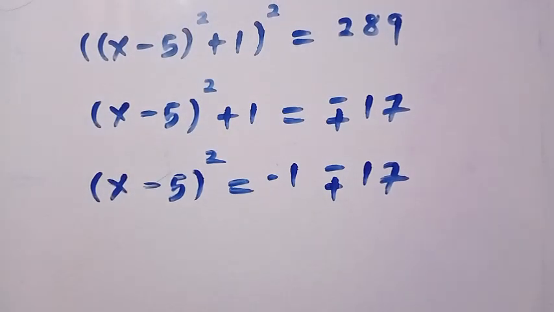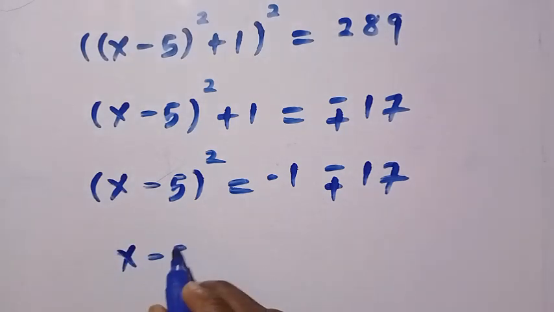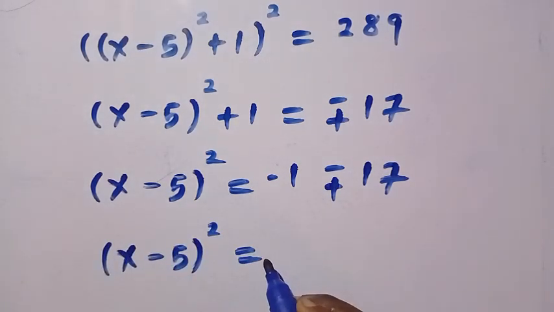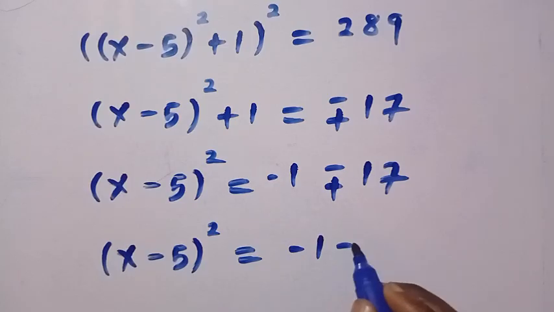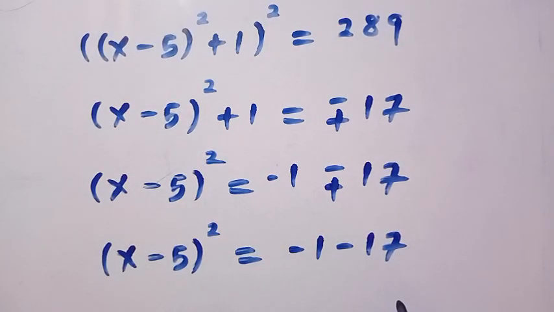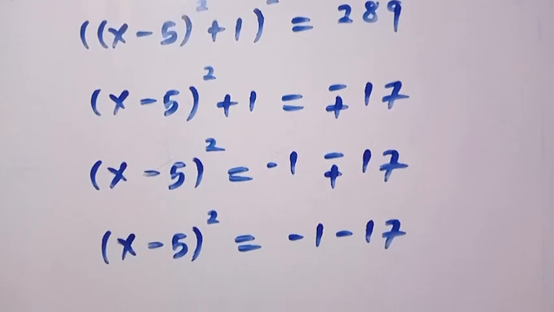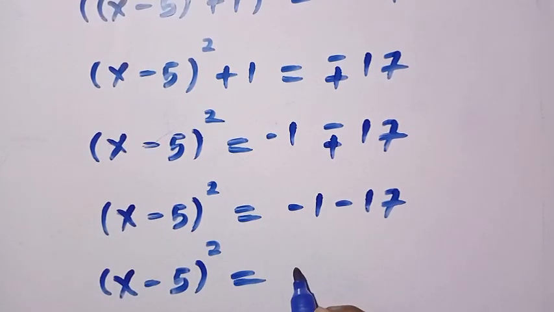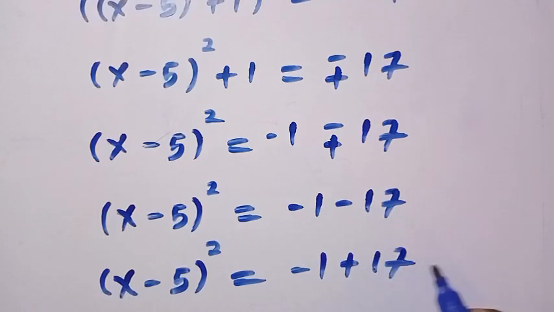So these are two things involved here. Either we say x minus 5 raised to power of 2 equals minus 1 minus 17, or the other way around, which is x minus 5 raised to power of 2 equals minus 1 plus 17.